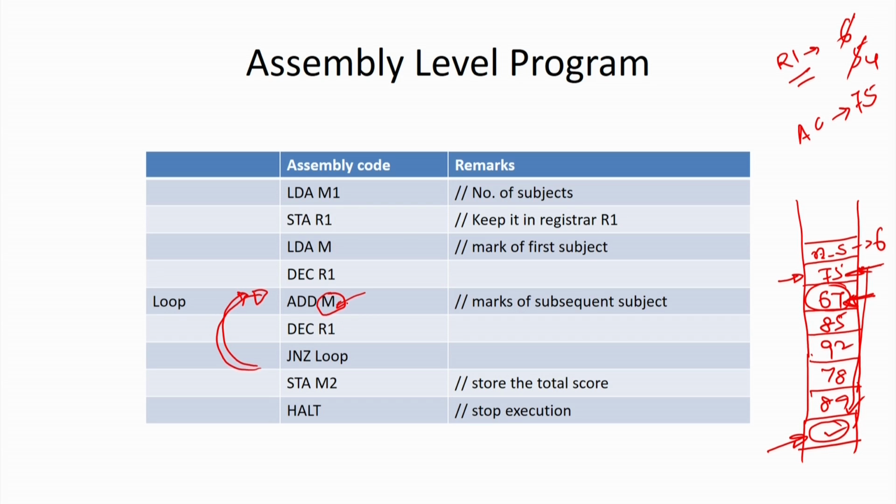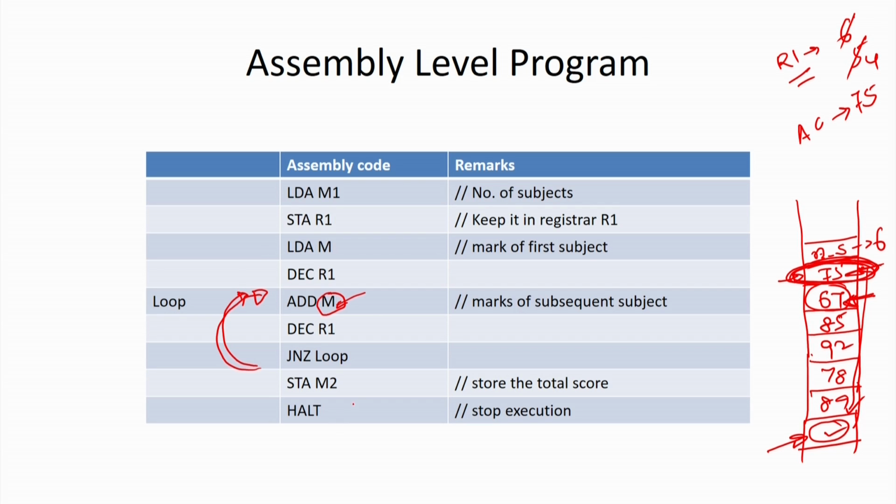So, that is why this program cannot be executed in this processor. If we write this program, it is going to add this particular 75 6 times, because we do not have any instruction to manipulate this address m. Address manipulation is not available in this instruction set.